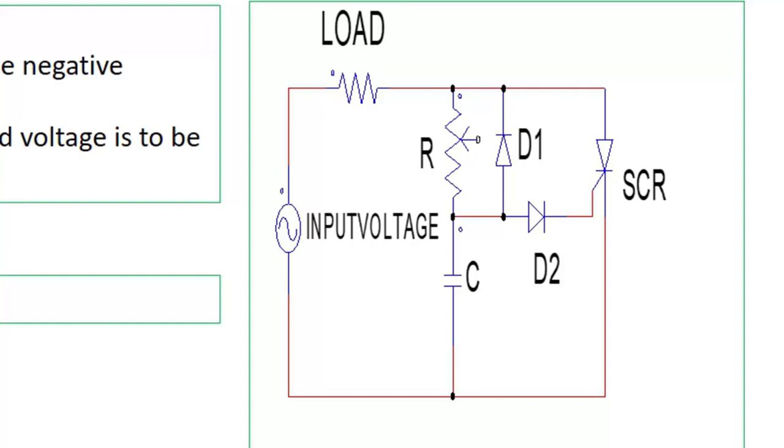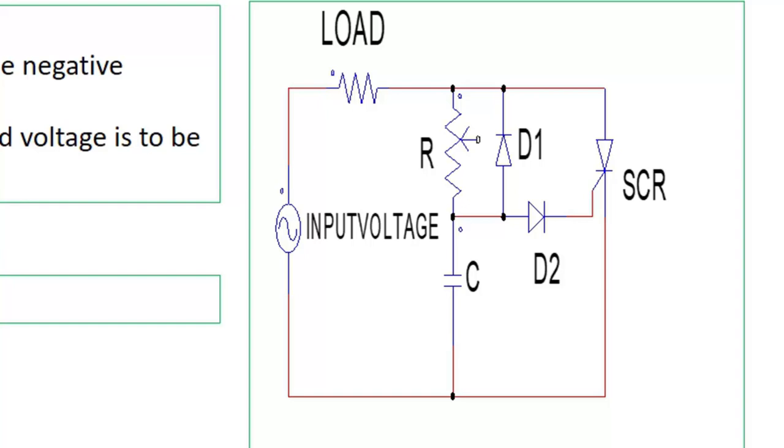In the positive half cycle, current will flow through the load, R, capacitance and back to the input voltage, with the capacitance upper plate positive polarity and lower plate negative polarity. In the negative half cycle, just the reverse. That means across the capacitance, lower plate positive and upper plate negative. But here is one difference: current will choose a minimum impedance path.